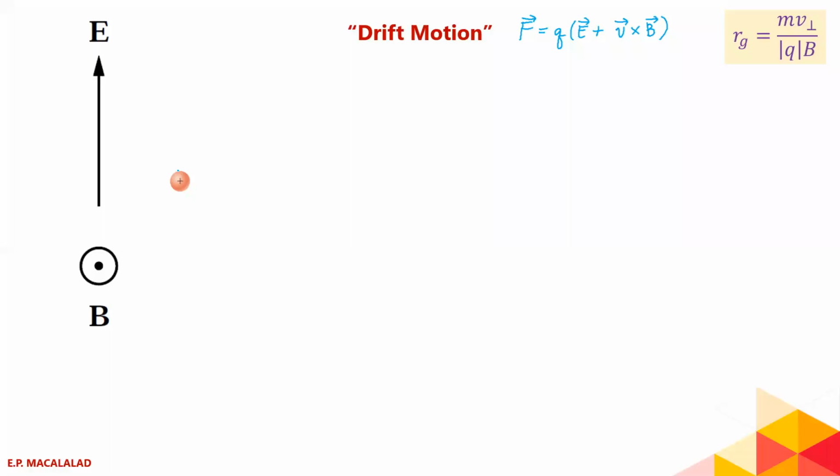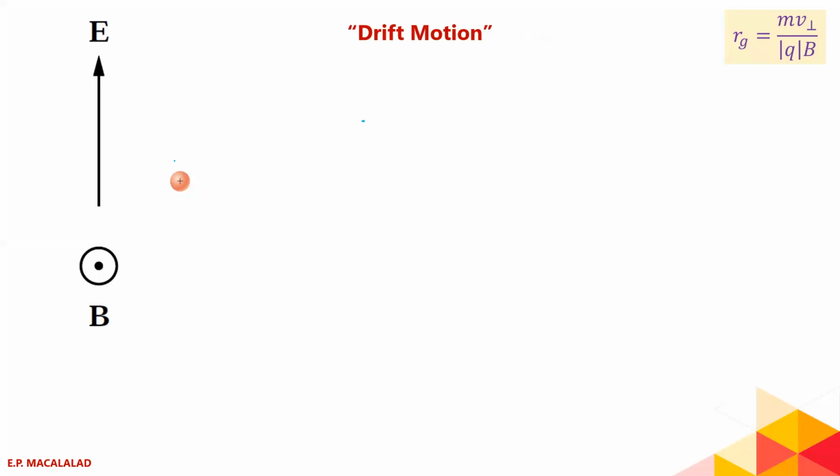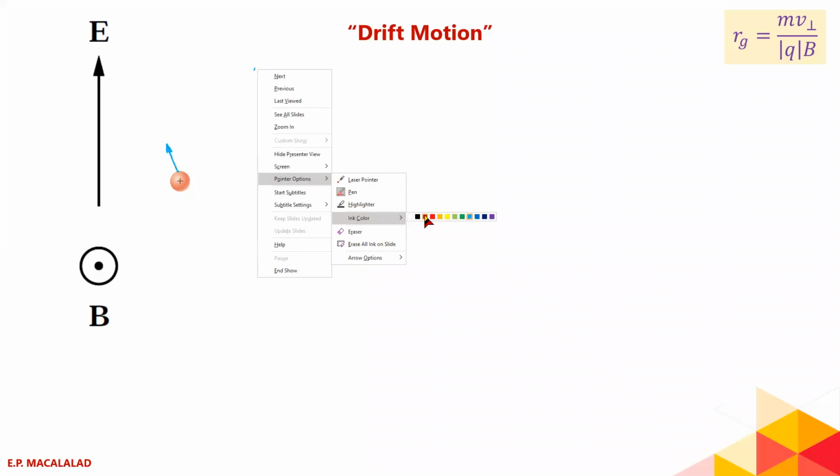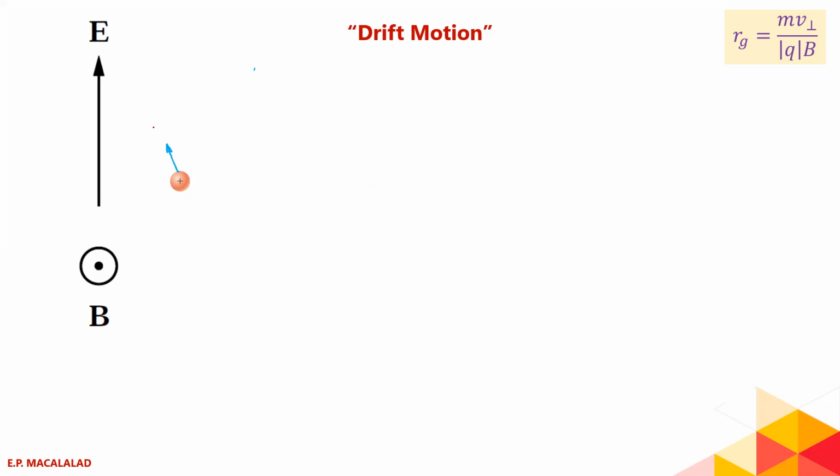Now, let's say that the velocity is directed in this direction initially, at the start. Let's call this your initial velocity.